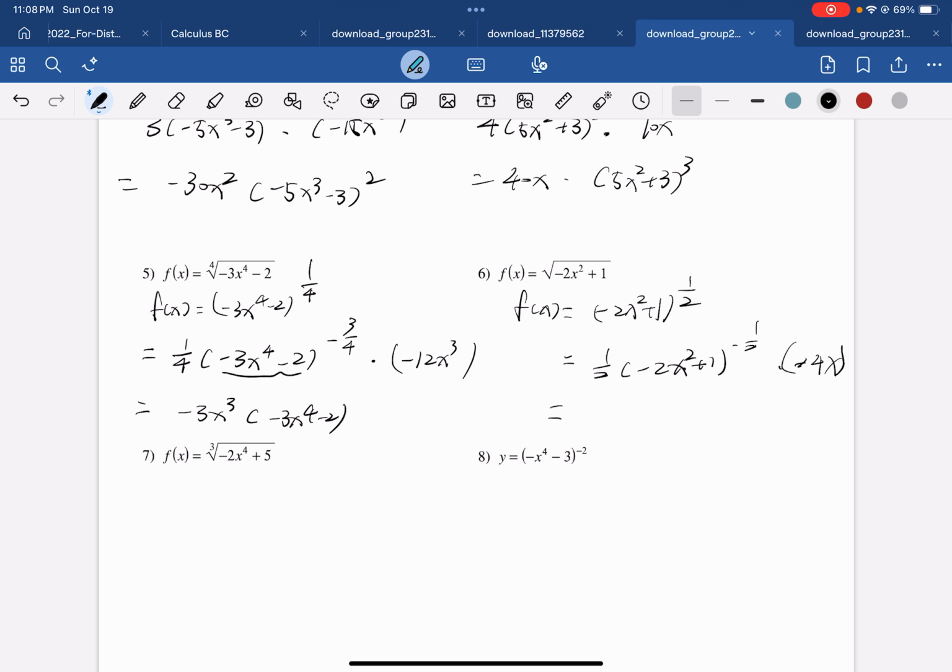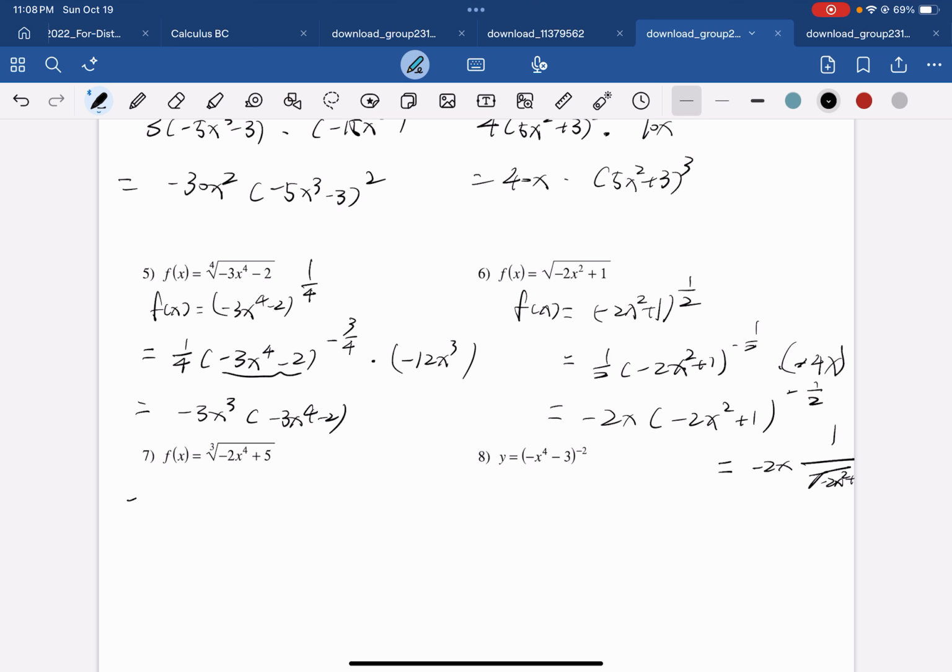The function becomes negative 2x times (negative 2x squared plus 1) raised to negative a half, or it could be denoted as negative 2x times 1 over the square root of negative 2x squared plus 1.